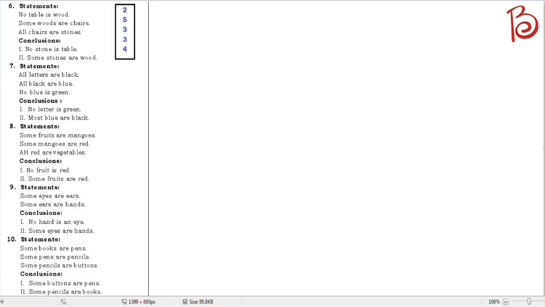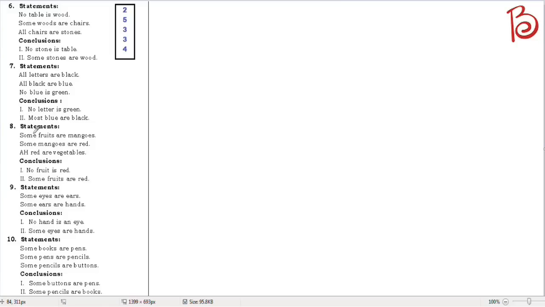We cannot say all, because most is not all, and most is not no. It is not complete, and it is not nothing. It lies somewhere between, so the only option we have is some. So some blue or black, and both are right. Now we can go for the next one.